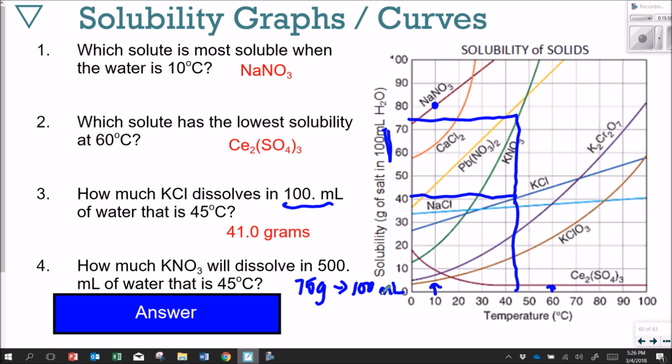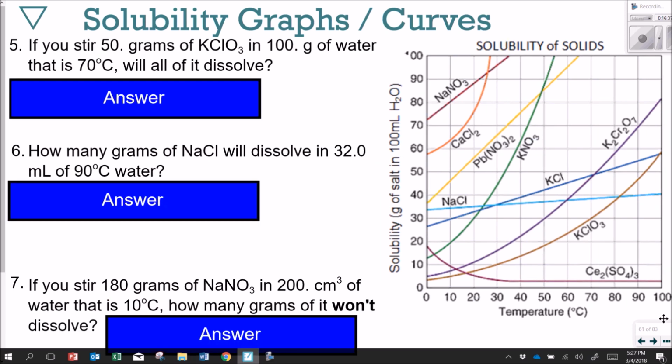So I do a proportion, and I say 75 over 100 is equal to x over 500. And I get that x is 375 grams.